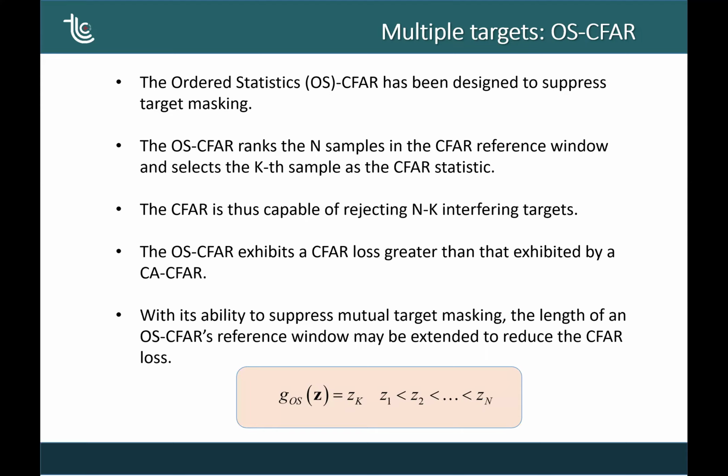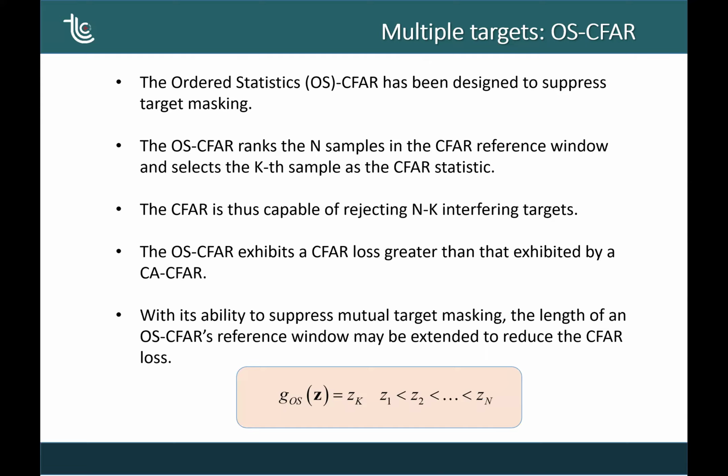They are ranked in increasing ascending order, and it selects as G, instead of the average, the kth sample in the window. So you see that G_OS is the kth sample, so z sub k.